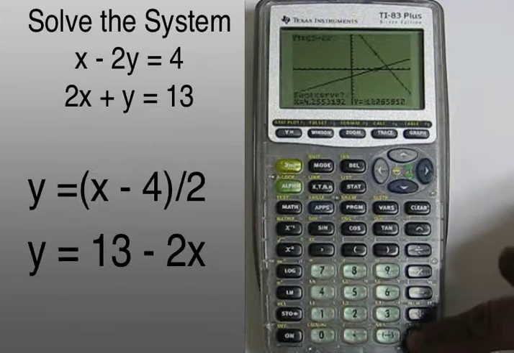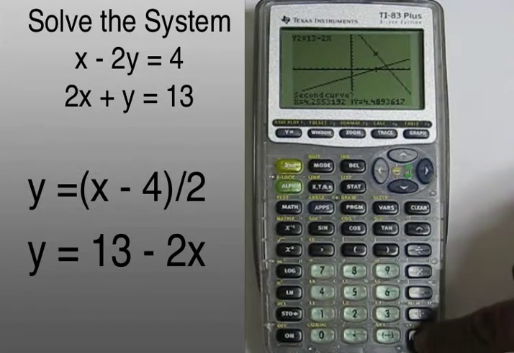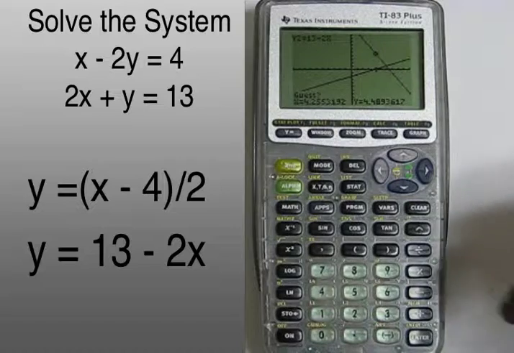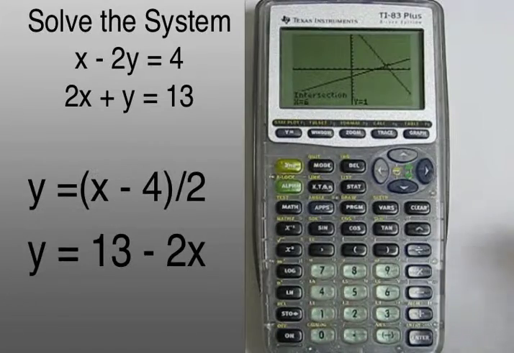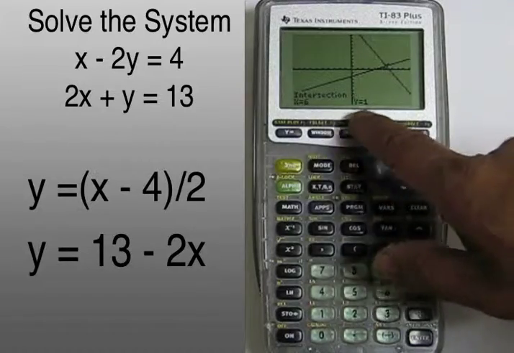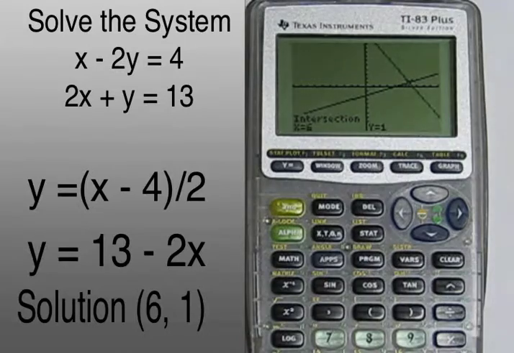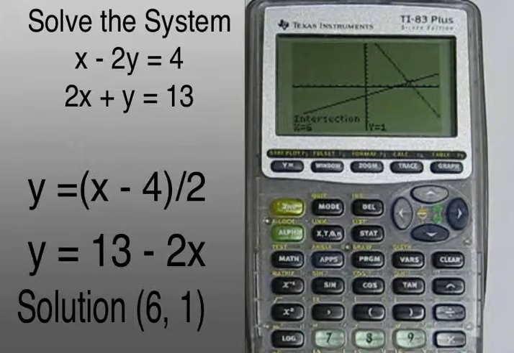Once you're there, hit enter again. The second curve is the other line. Hit enter again. It says guess. It's not really guessing, it's doing an algorithm to calculate it. And then enter, and you'll find here's the solution. At x equals 6, y equals 1, that's our point of intersection. In other words, this point 6, 1, which is right here, is the solution to this system of equations.